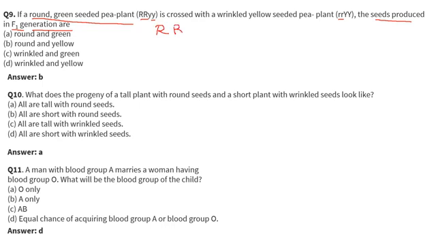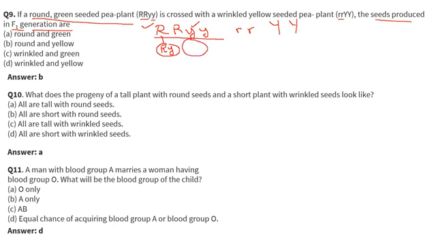R and Y, small r, capital Y and capital Y, right? Now if I take a gamete, it should have at least one gene for round and one gene for the color, that is green. So the gametes produced in this case will all have capital R and small y.